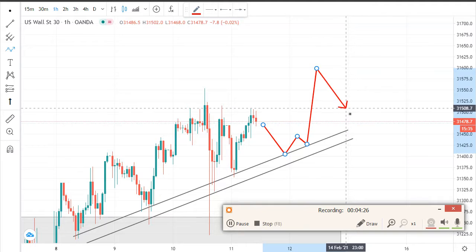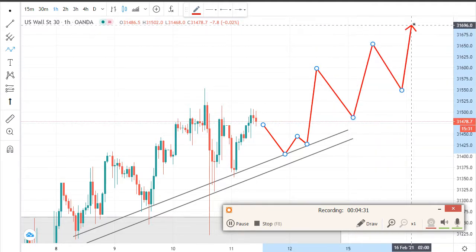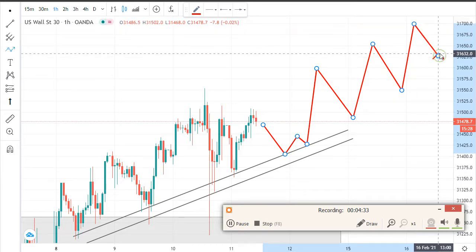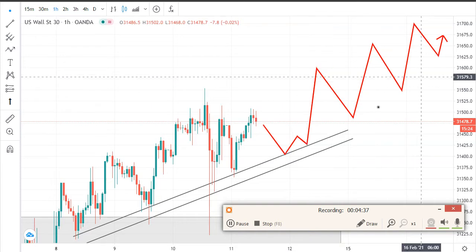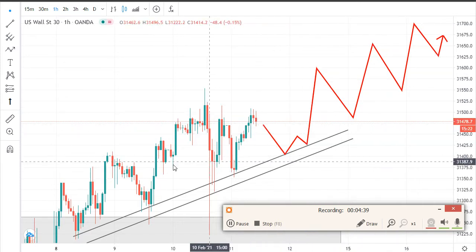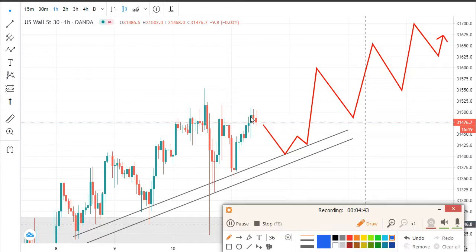And if maybe you bought, the market will just create something like this. And remember, it won't be as perfect as the line that I've drawn, but if the market is in an uptrend, obviously it will try to create something like this, but it will just go up and down so that it can confuse you to stay out of the market.